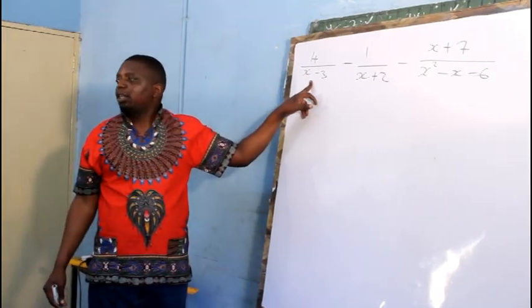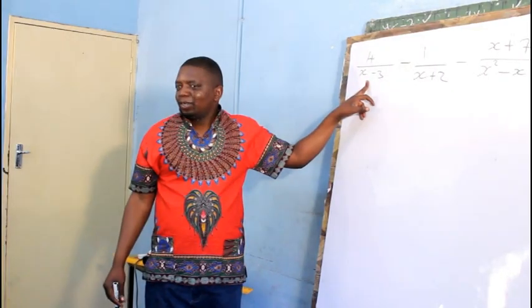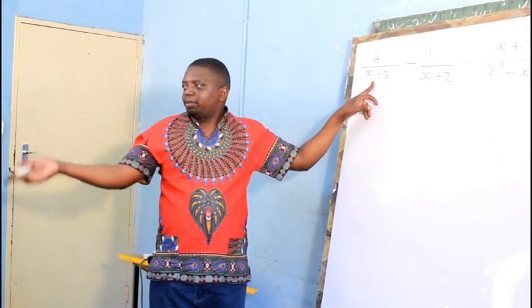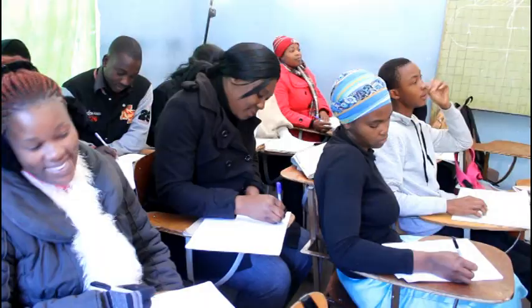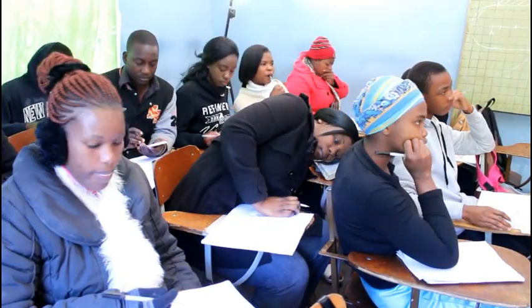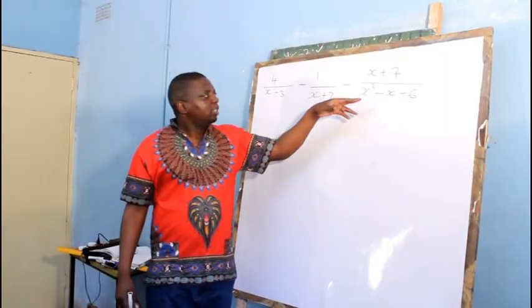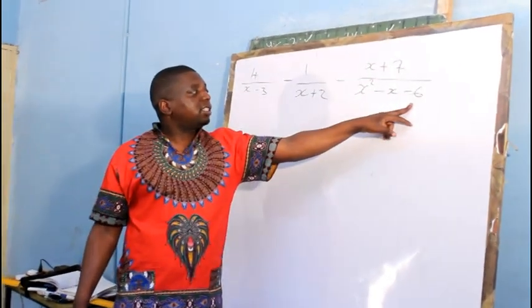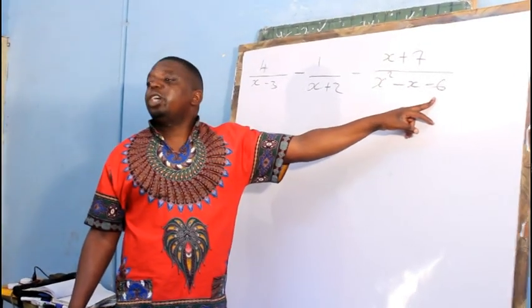The first two are already in their simplest form. Altogether, in its simplest form. So this one, x squared minus x minus 6, is not yet factorized.